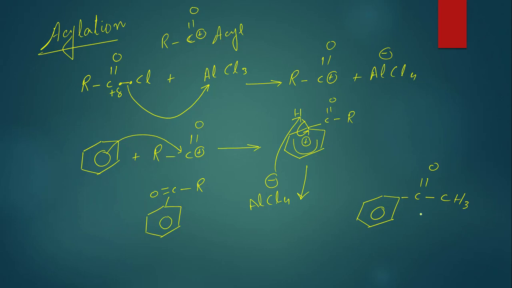This is acetophenone, with the methyl group and the benzene ring, the phenyl ring. This is a type of ketone, and its name is acetophenone. This is our product, an acyl group introduced into benzene.